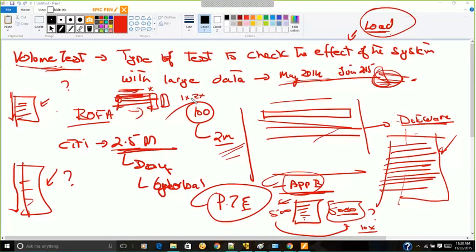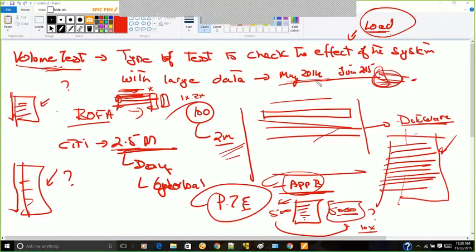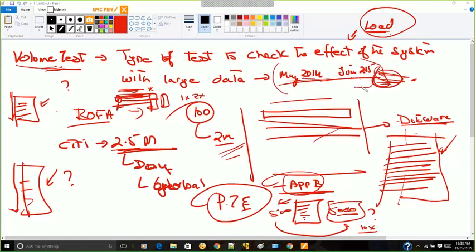See, what happens is, say for example, you are searching for a particular date. The database will send all the information that is required, but the application need not show all the information the database sends.